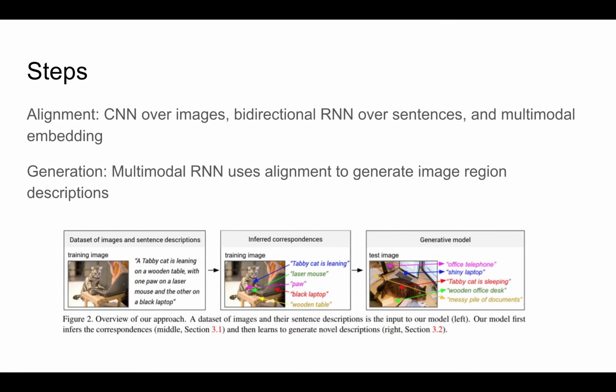So the two main steps are alignment and generation. Alignment uses a CNN to identify 19 images, and then it uses a bidirectional RNN to link the words to the images, along with multimodal embedding.